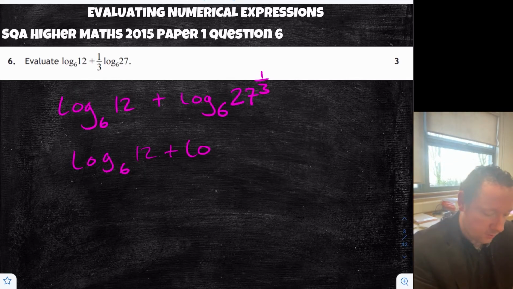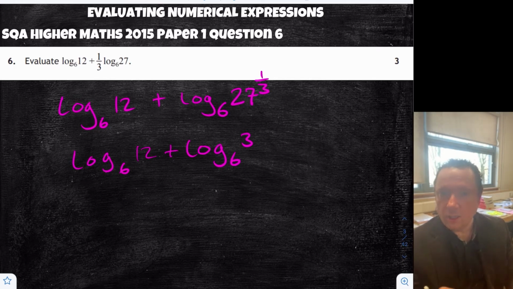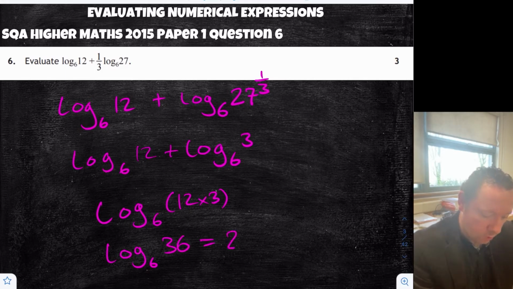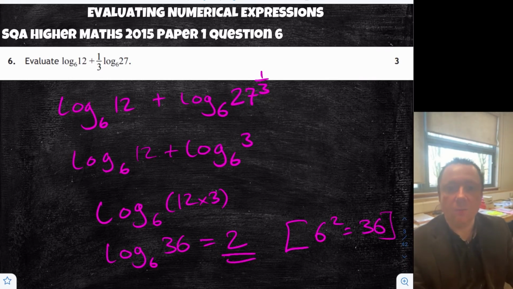So log 6 3. And then adding logs means we can just turn it into one log and the numbers times together. So that's log 6 of 12 times 3. That's log 6 36, which is equal to 2. And that's because, remember, 6 squared equals 36. So 2 is our final answer, and we're done there.